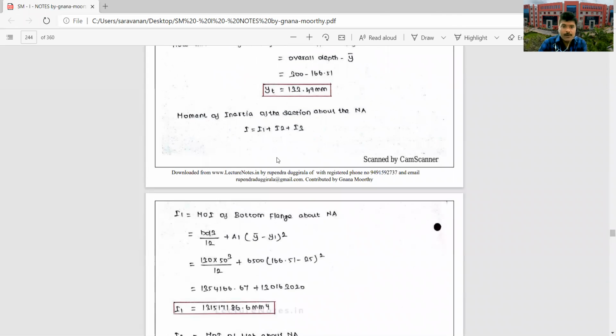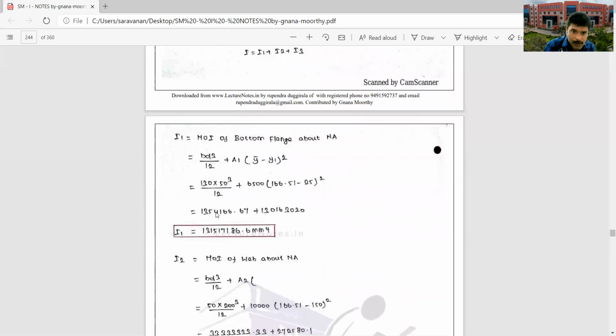Now the moment of inertia of the section about the neutral axis: I is equal to I1 plus I2 plus I3. Now we can calculate I1, the moment of inertia of the bottom flange about the neutral axis. I1 is b d cubed by 12 plus A1 into (y bar minus y1) the whole squared.